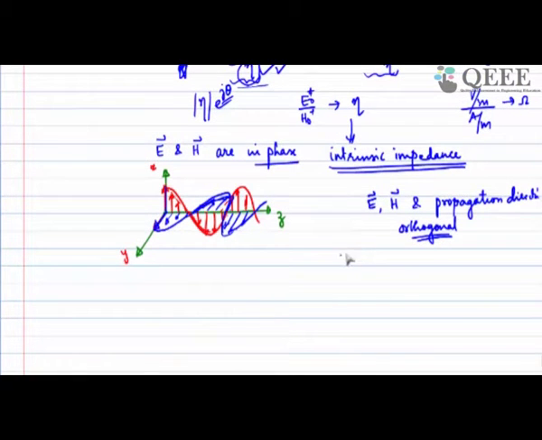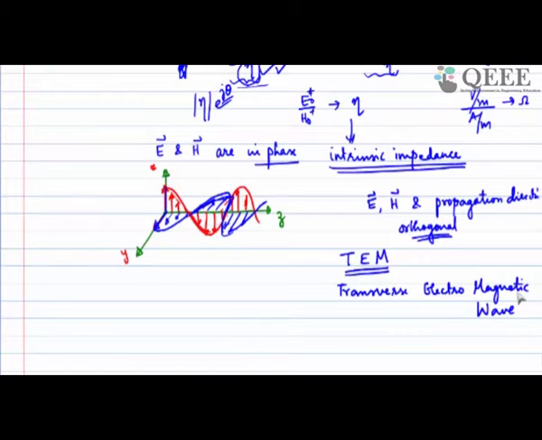And such a wave is called a transverse electromagnetic wave. In a transverse electromagnetic wave, your E, H and the direction of propagation are orthogonal to each other. So a TEM plane wave is the simplest solution of Maxwell's equation, of the wave equation. So with that I complete today's class.